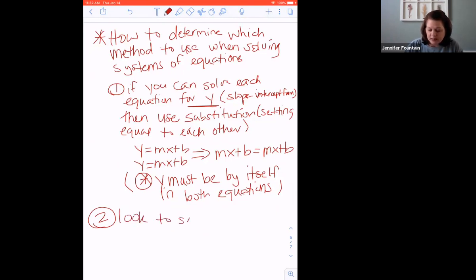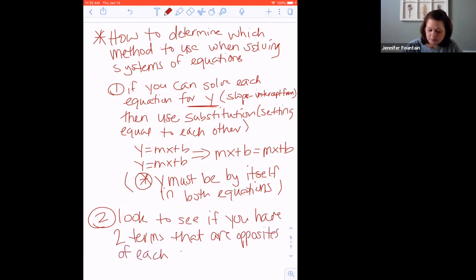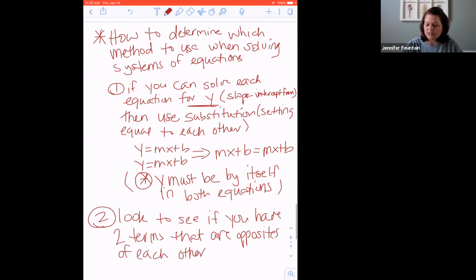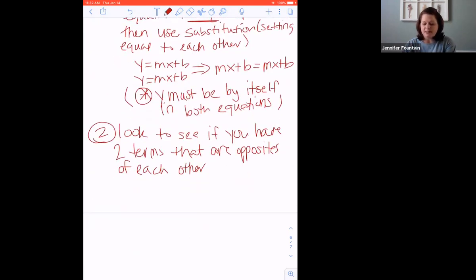to see if you have two terms that are opposites of each other. And I'm going to put an example, 3x and negative 3x, 2y and negative 2y.